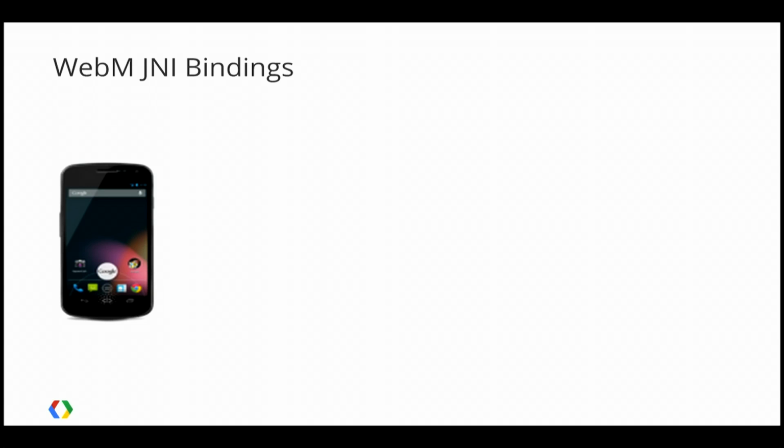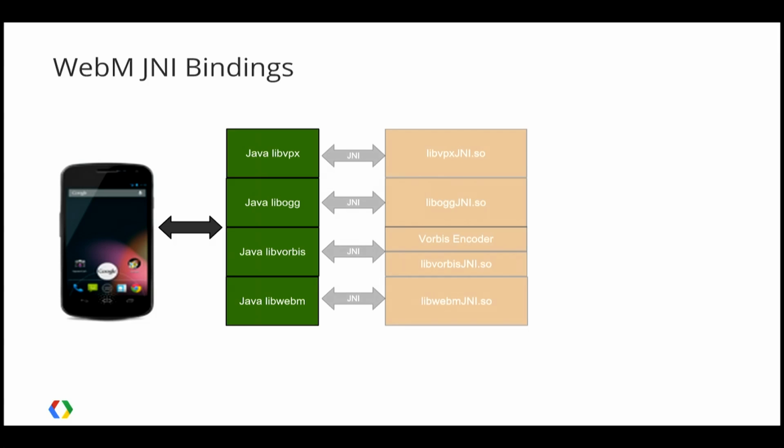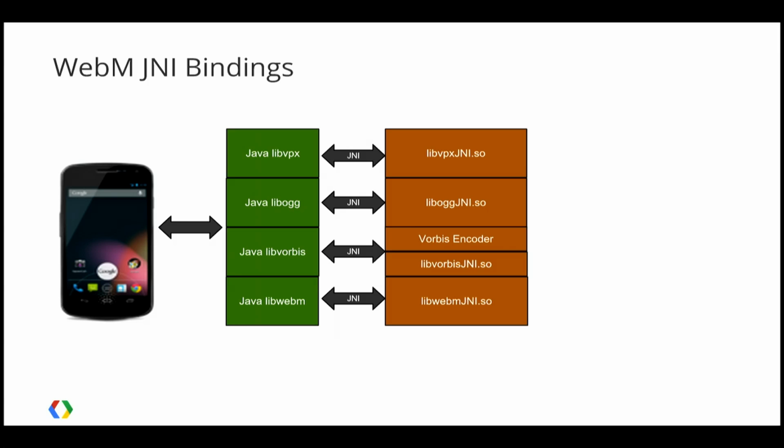So the WebM JNI Bindings allows your Android applications to interface with 5 open source projects. The code in the green boxes is the Java JNI code that your application will call. The code in the orange boxes is the C++ code of the JNI bindings.